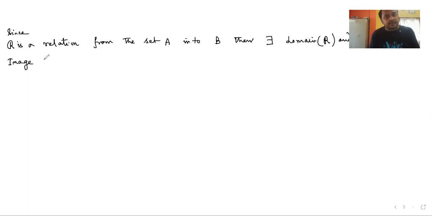So we can define this domain and image of this relation in the following manner.